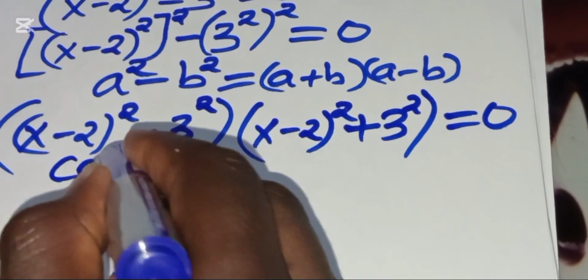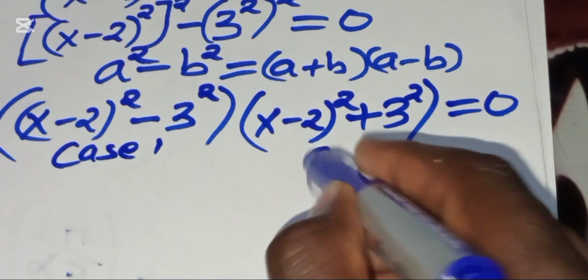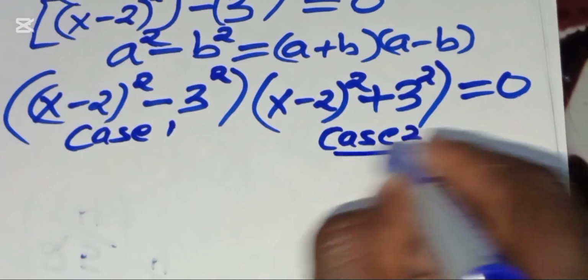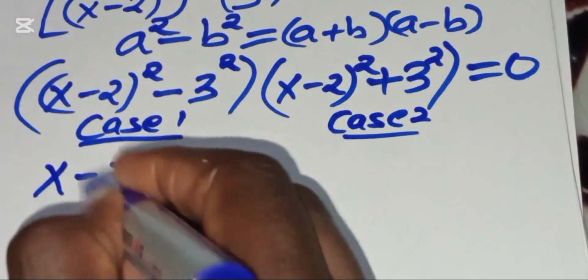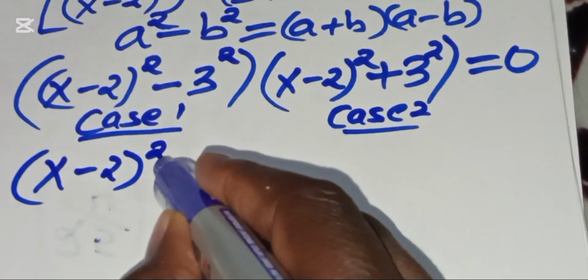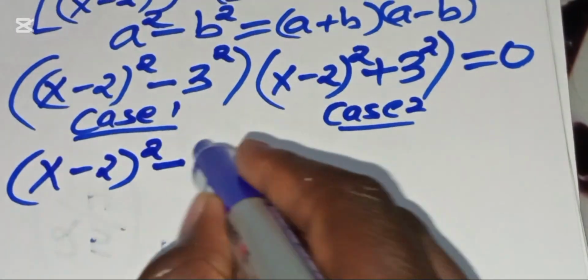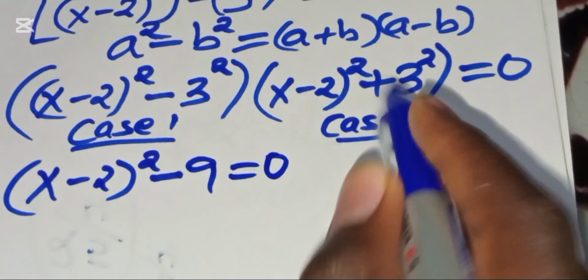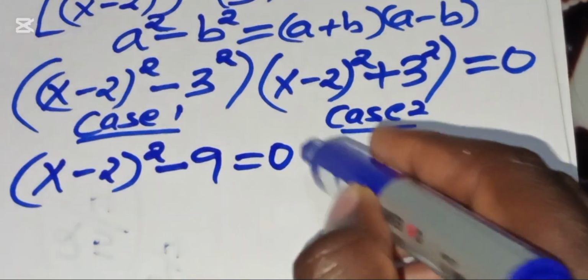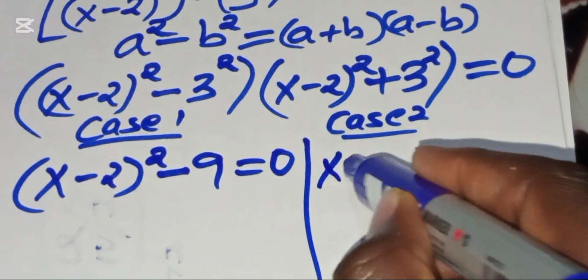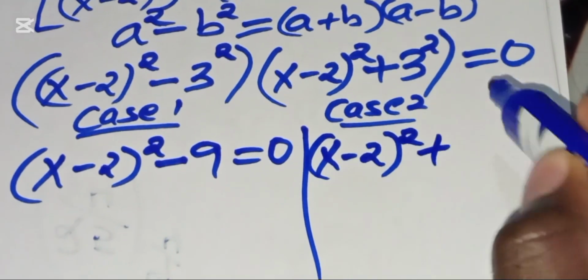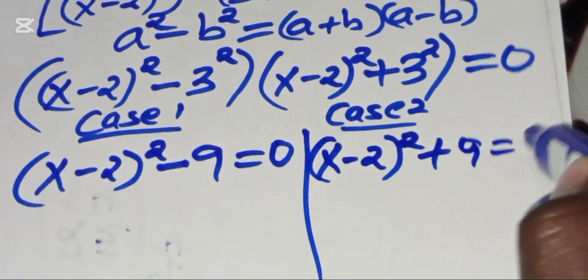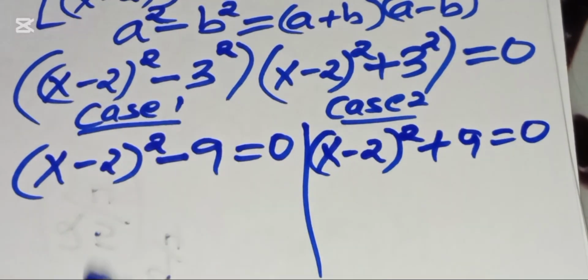Let's call this one case 1 and this one case 2. In case 1, we have (x minus 2) squared subtract 3 squared, this is 9, equal to 0. In case 2, we have (x minus 2) squared plus 3 squared, this is 9, equal to 0. Let's solve case 1 quickly.